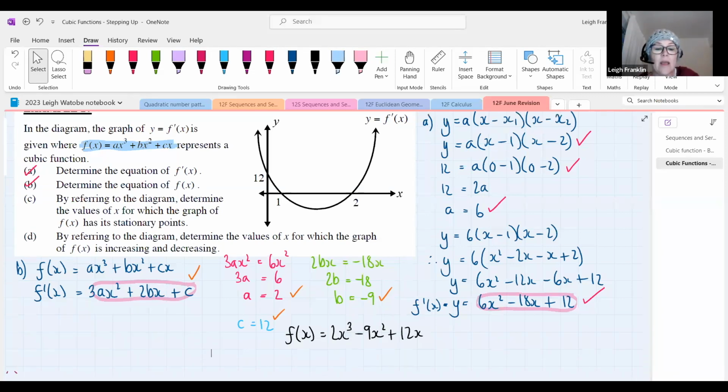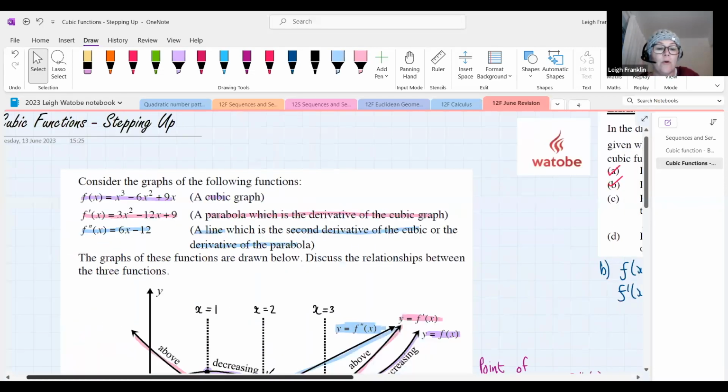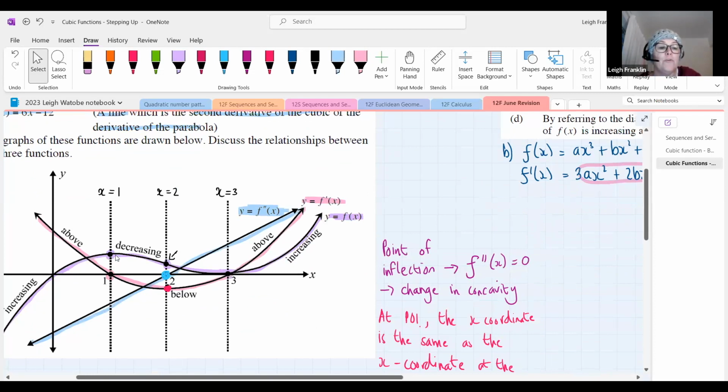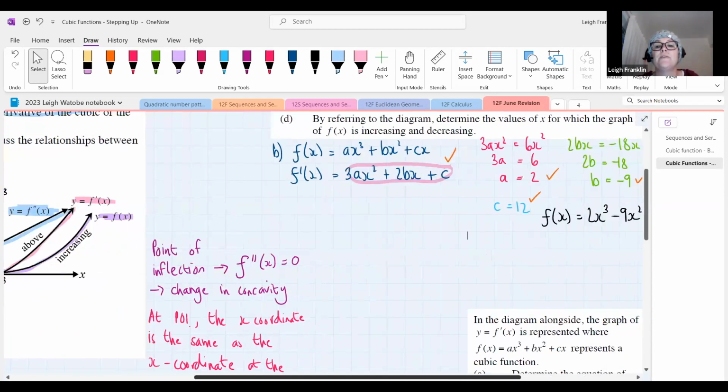This is where you've got to go back to this over here. Remember, the turning points on the cubic are the x-intercepts of the first derivative. I'll say that again. The x coordinates of the turning points on the cubic function are the same x coordinates as the x-intercepts on your first derivative.